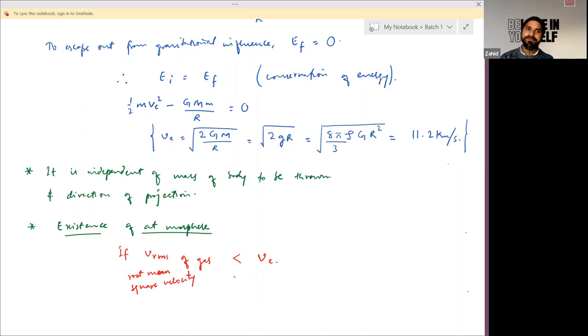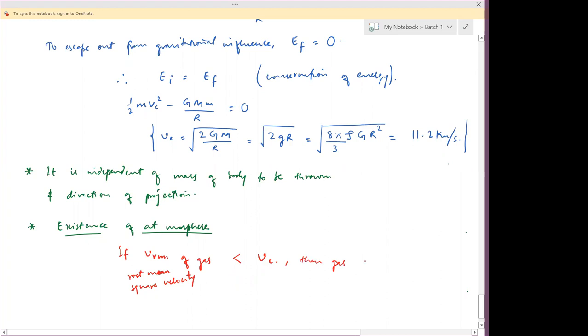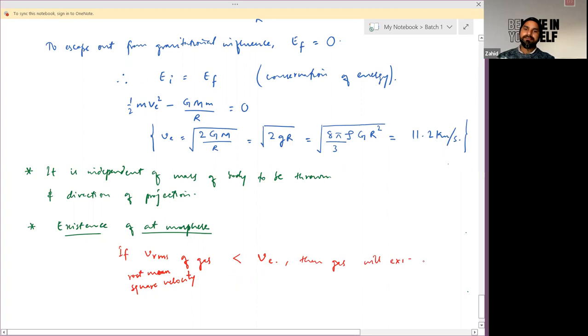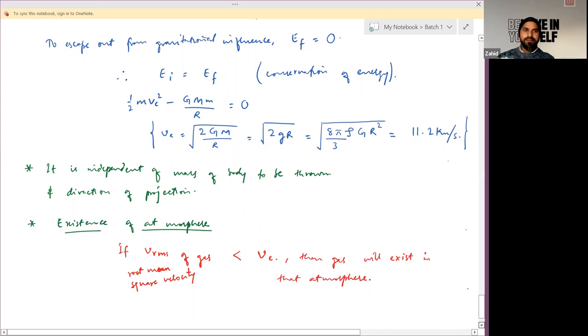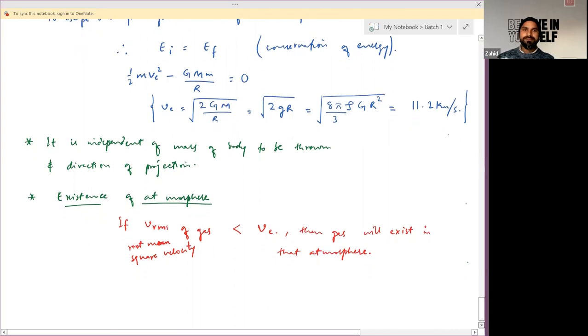Is it clear? Yes, sir. Then gas will exist in that atmosphere. Just write it down, this part.